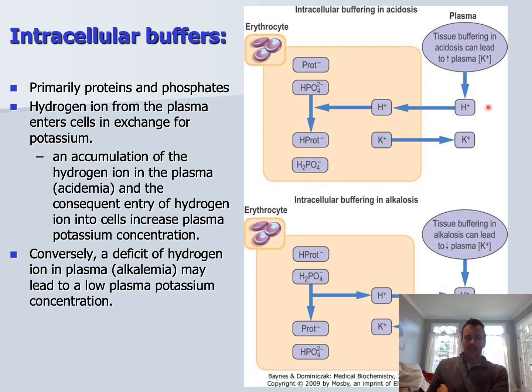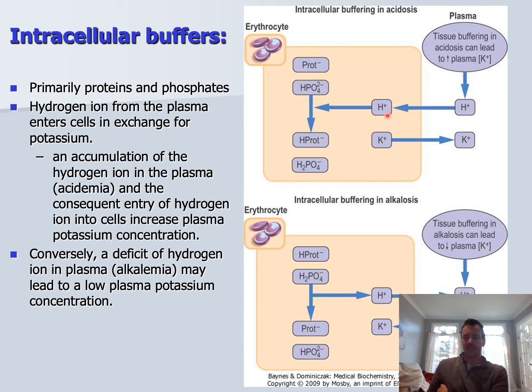The hydrogen ion from the plasma goes into cells in exchange for potassium moving out. So with an accumulation of hydrogen ion in the plasma, you have acidosis: low pH, acidic concentrations in your plasma.